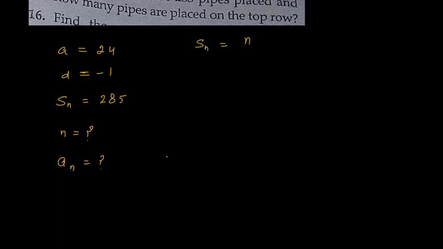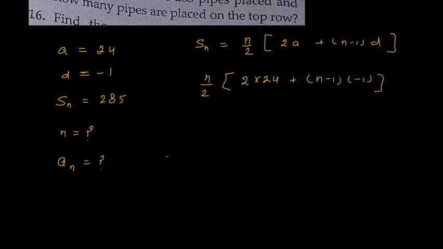Sn is n divided by 2, 2a plus n minus 1 d. So here n divided by 2 into 2a, a is 24, plus n minus 1, d is minus 1, and this is equal to 285.